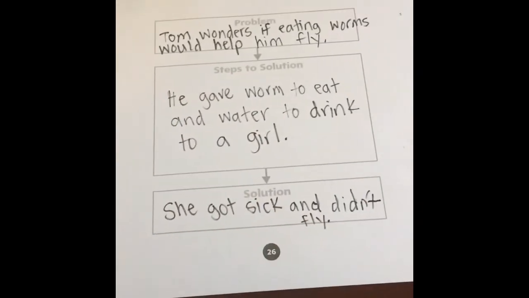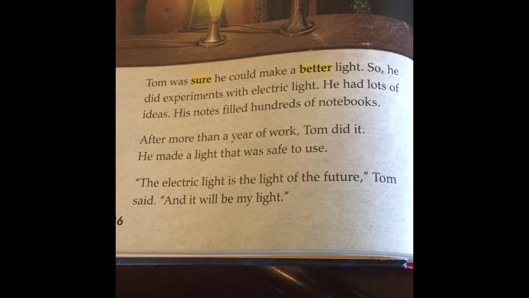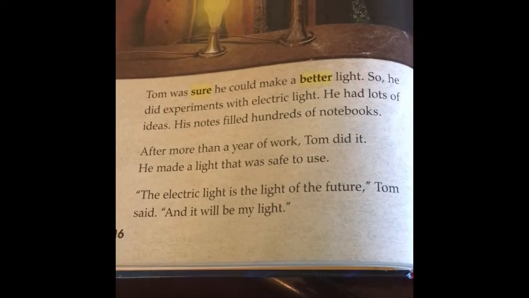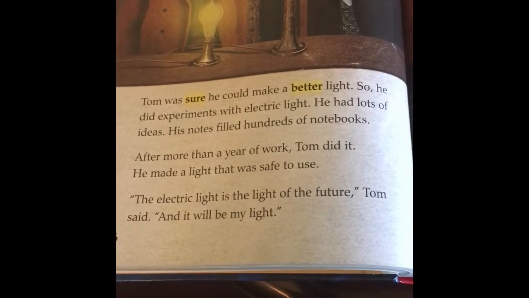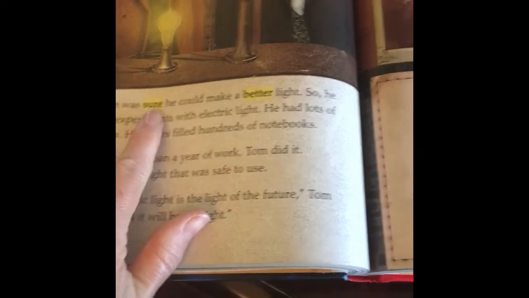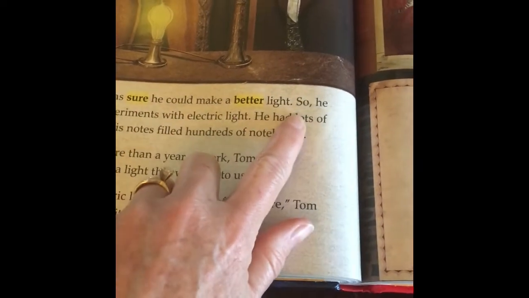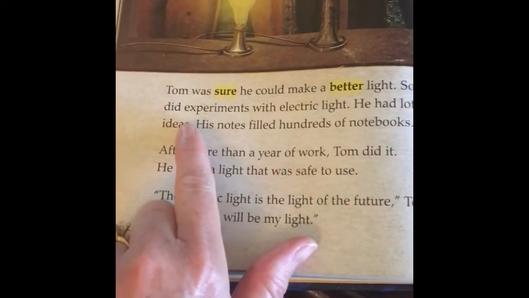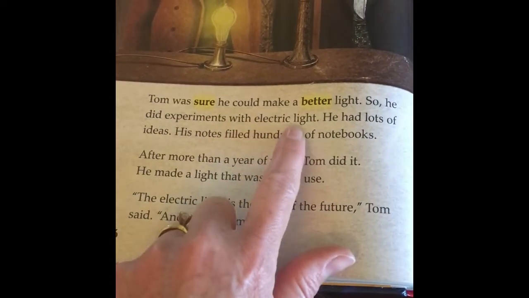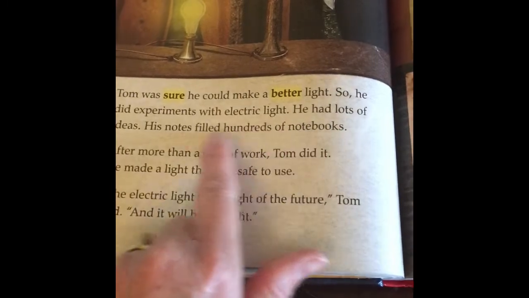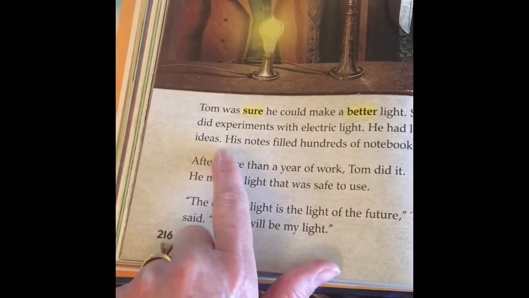Okay, we're going to look at one more. Here's our last example. I'm going to read the page and then I'll show you the chart. It says, Tom was sure he could make a better light, so he did experiments with electric light. He had lots of ideas.